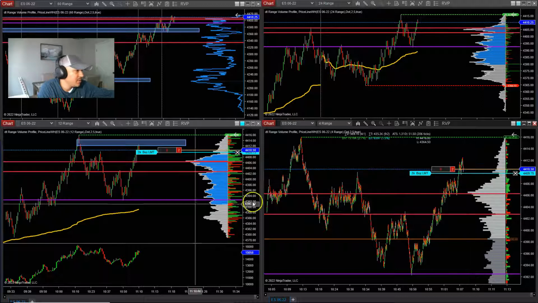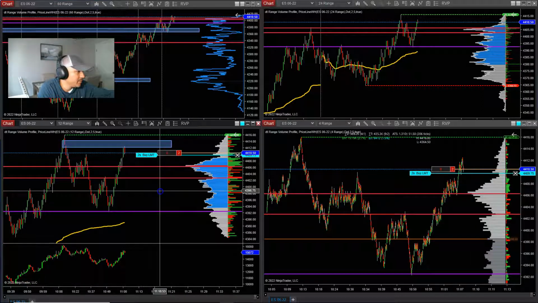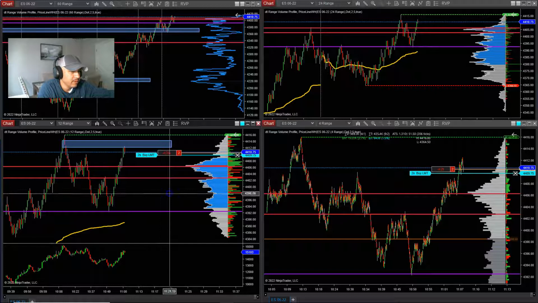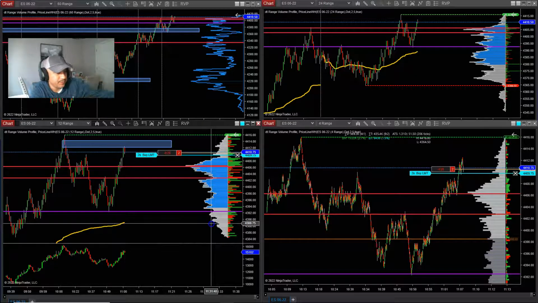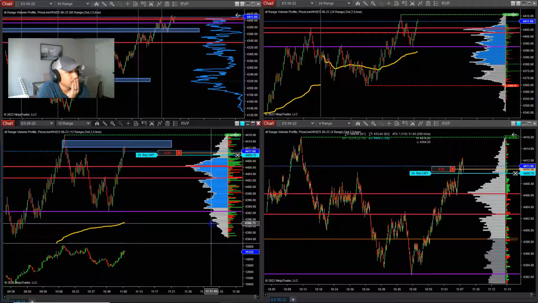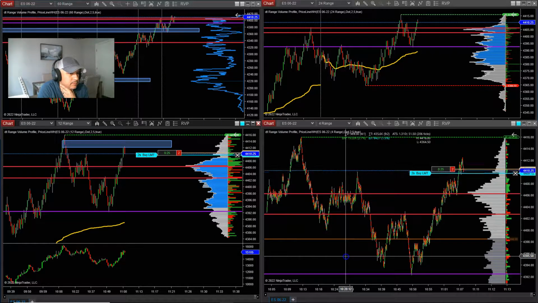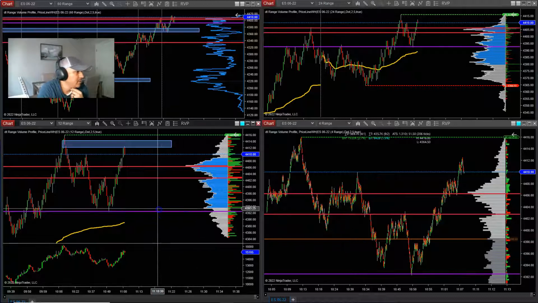One tick away from my profit target there. Scalping real quick. Let's see if we're going to hit it. There we go. Okay, we got filled, a little entry there.